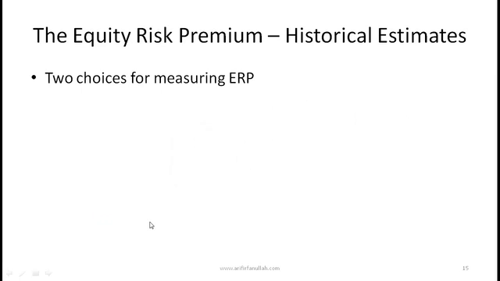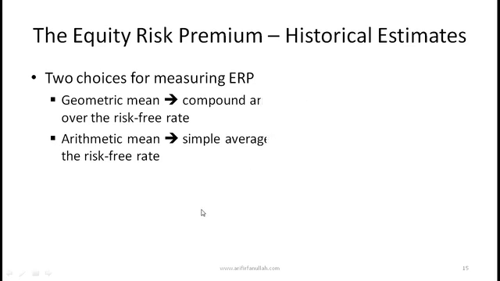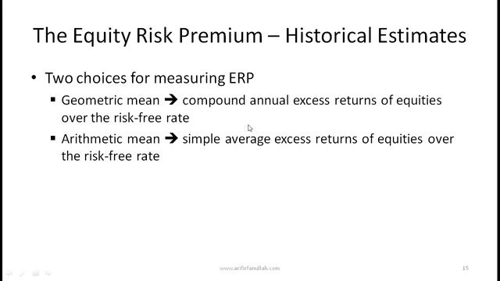Now, in case you are wondering, there are two choices for measuring the equity risk premium. We are still in the historical method. Let's say you decide to use the last 10 years' worth of data. Then for every year there will be an equity risk premium: at the beginning of every year, you look at the expected return on the market and subtract the risk-free rate.